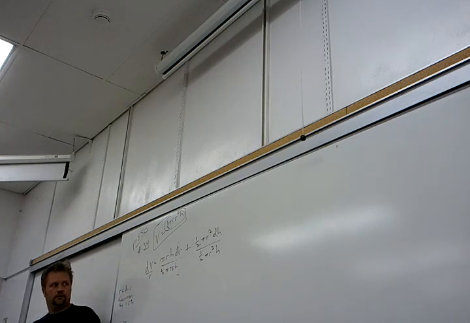So dr over r, and one of the r's cancels out, and then the 2 is flipped. And then what's dr over r? The dr over r is 1.5%. Roughly, yeah.